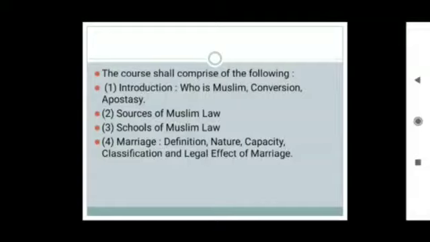The first unit will be about introduction as to who is Muslim. We'll start from the very basic, who is a Muslim, the conversion, apostasy.